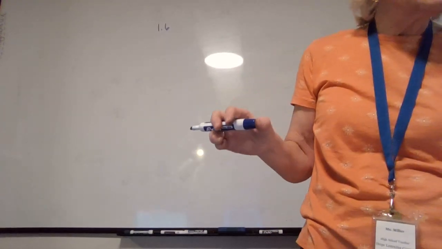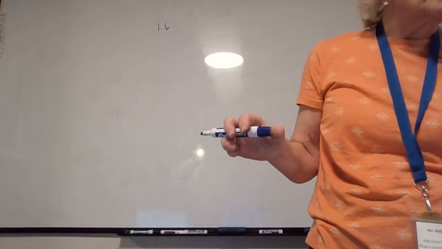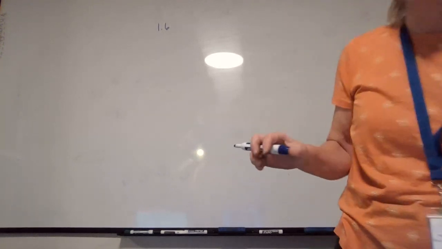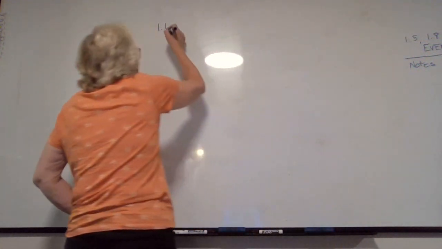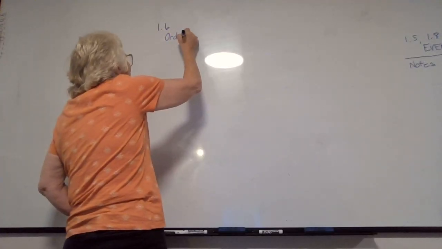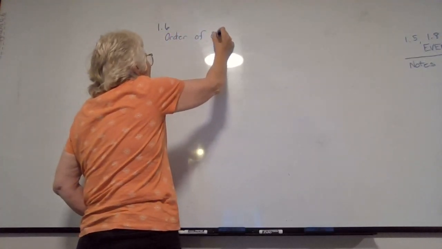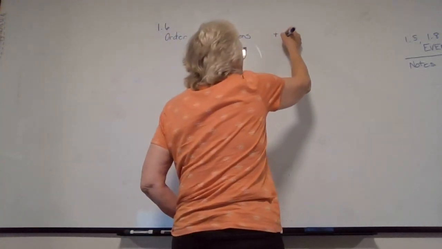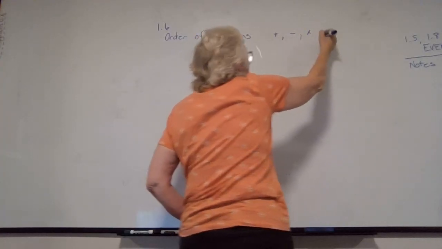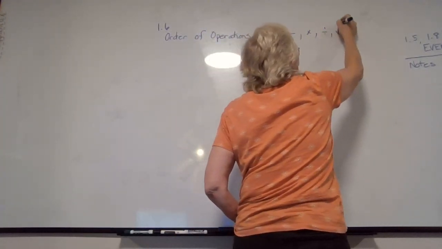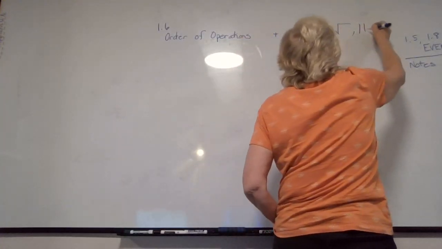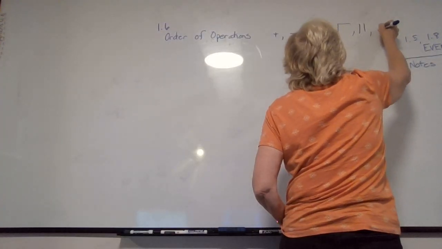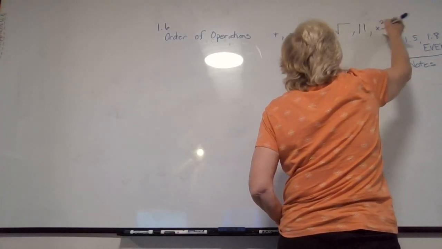Okay, so this section is called order of operations. When we're looking at this, it's talking about what order we do operations in math. Operations are those things like adding, subtracting, multiplying, dividing, taking the square root, taking the absolute value, squaring something, x to the second, that little power up there.